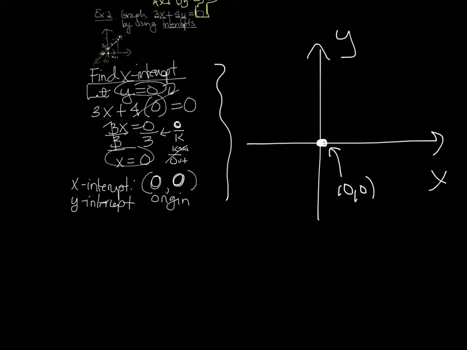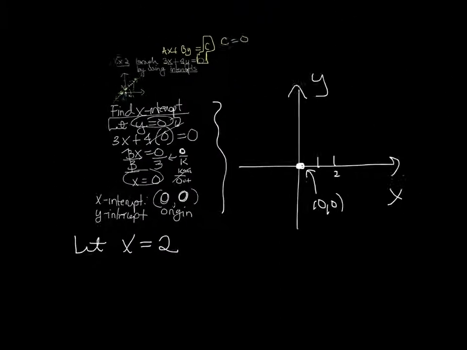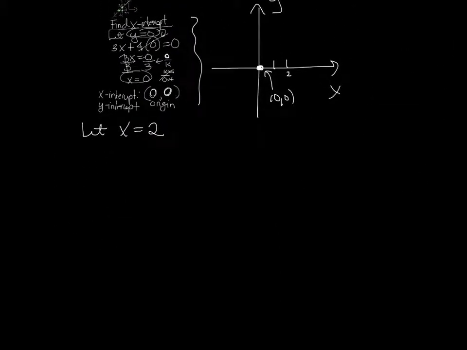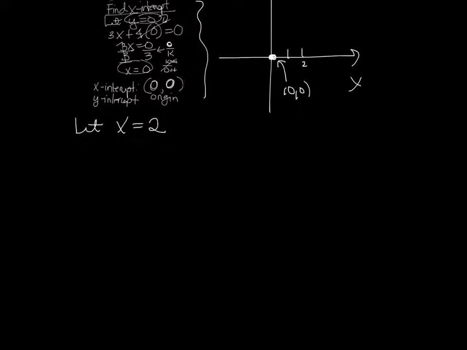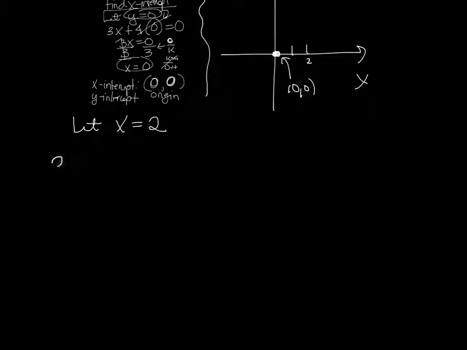So here, if you let x be, let's say, 2, what will y be? All we have to do is plug it into our equation. So we have 3x plus 4y equals 0.